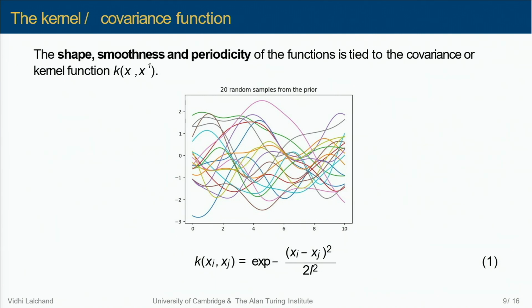Because it's an RBF kernel, it's smooth and infinitely differentiable at any given point. But the key idea to understand is that the covariance function encodes the structure of the functional form, which defines the space of distributions in the Gaussian process.